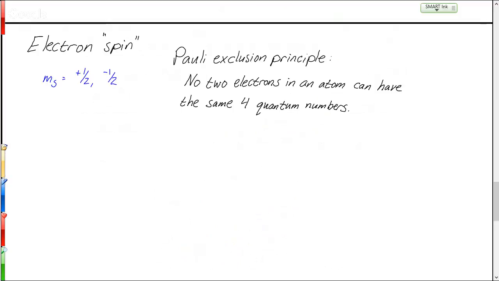So if we take an atom like hydrogen, how many electrons does hydrogen have? 1. Is this important for hydrogen? Not so much, because there's just 1 electron. So hydrogen has 1 electron, and what are the quantum numbers of hydrogen's electron?